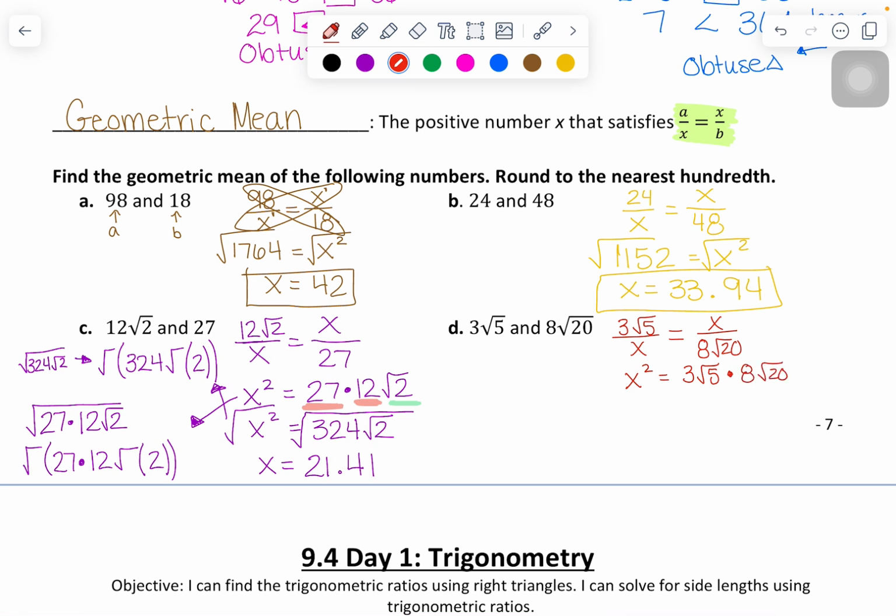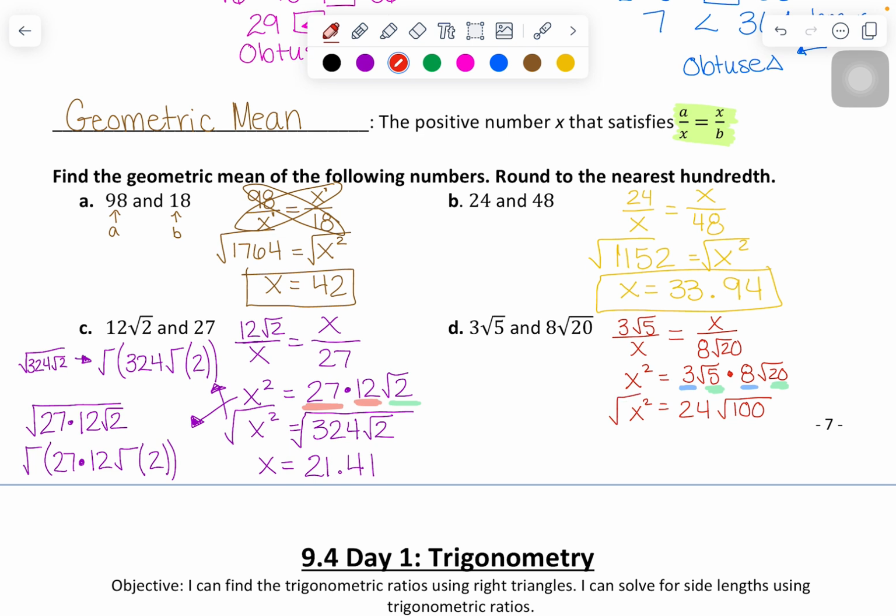Now, I do typically multiply them, but again, just like before, you don't have to multiply that out. You can leave it like that, and I'll show you what it looks like in a calculator. But if you do multiply it out, whole numbers with whole numbers, square roots with square roots, you're going to get 24, and that's going to be the square root of 100, which in itself would be a nice number, and you could simplify that and we could keep going, or you can leave it like this. More commonly, it's going to be left like this.